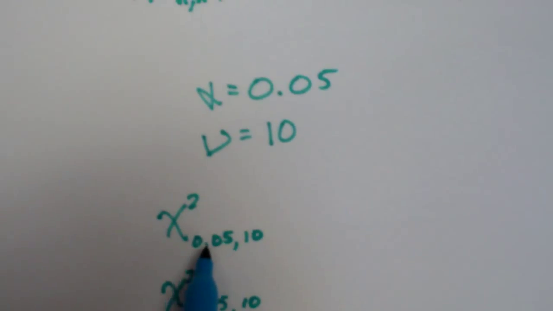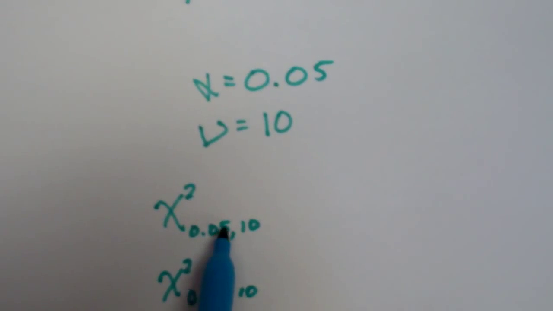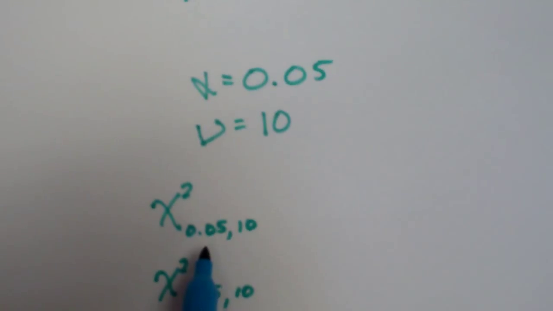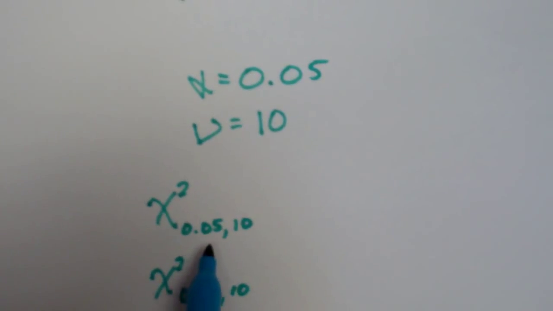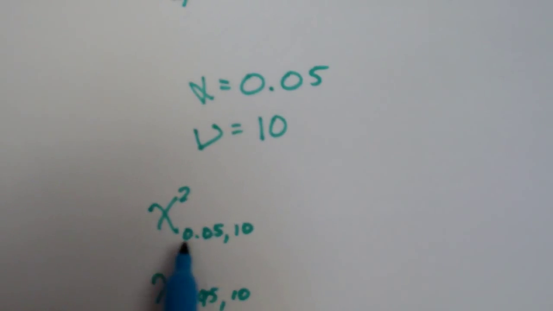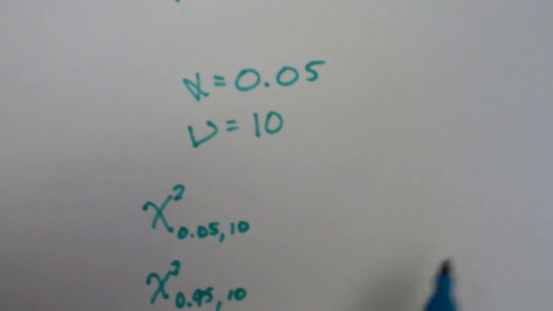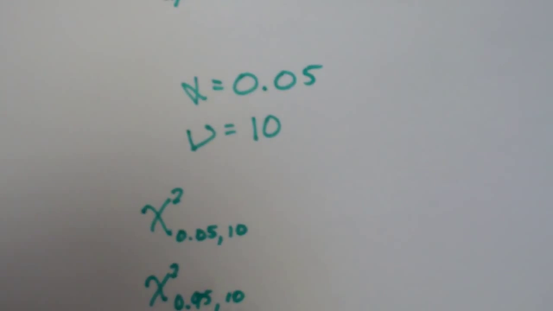Now remember that the alpha in the subscript refers to the area to the right of that point. So when I look up these numbers, I expect this number to be much larger than this number. Okay, because this number has only 5% of the area to the right. This number is going to have 95% of the area to the right.